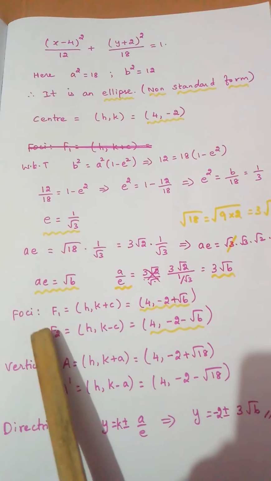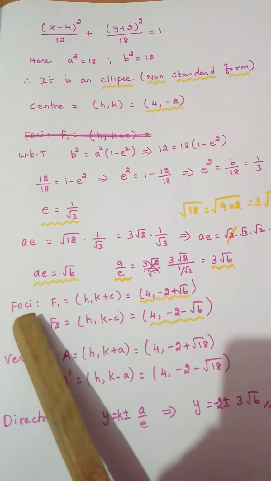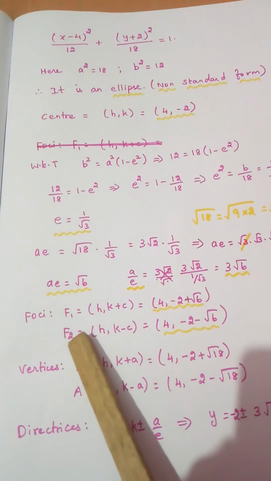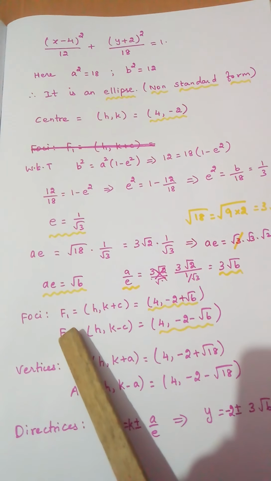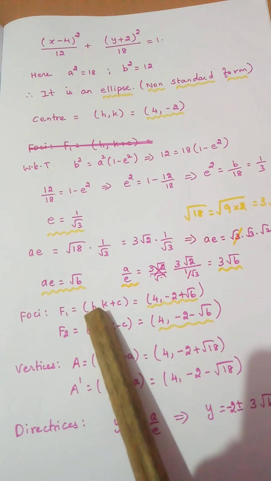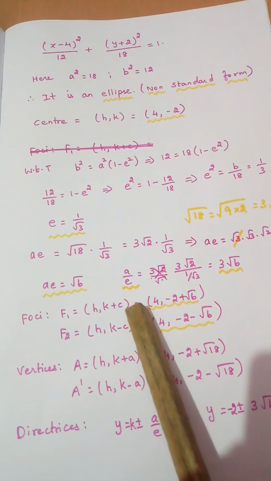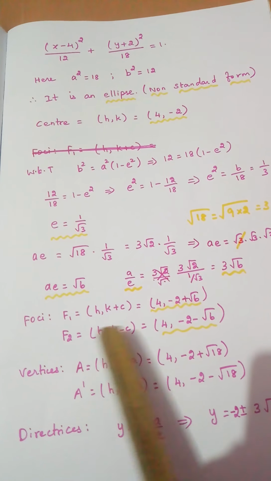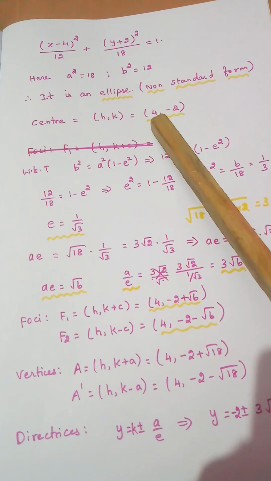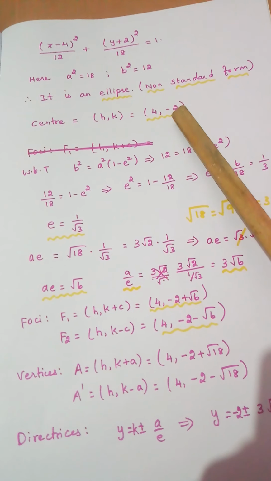Now we will come to the question that is asked to us. Foci means plural form, F1, F2. What type is this? Non-standard form. Therefore, what is the formula? (H, K plus C) for focus 1 and (H, K minus C) for focus 2. What is H? See the center, 4. What is K? Minus 2.